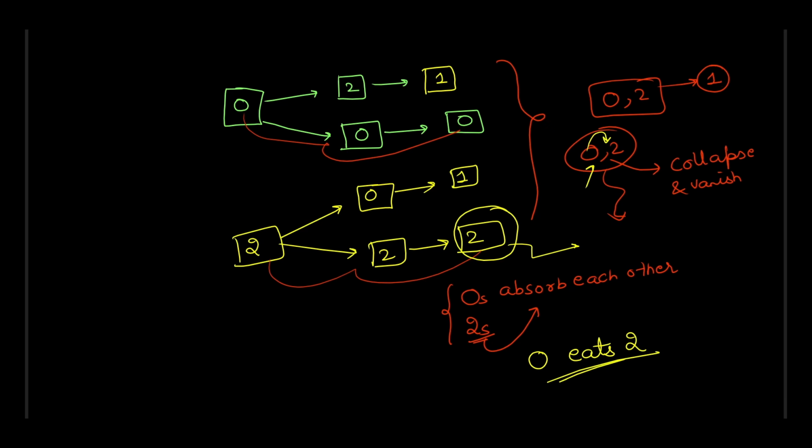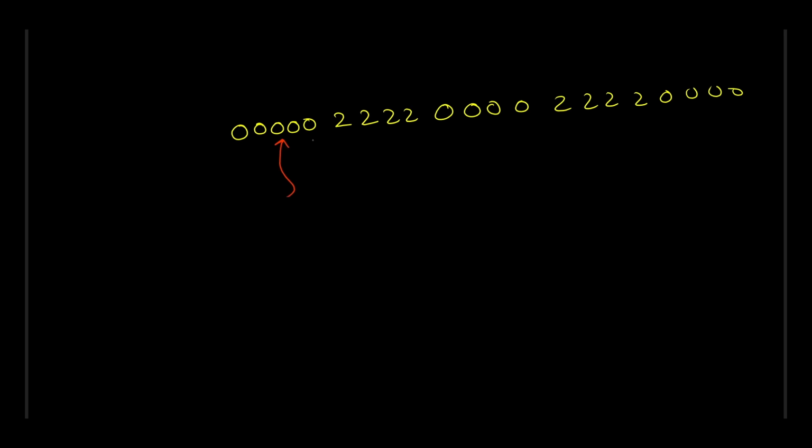So with all of this in mind, we know that the array can only contain a run of zeros followed by a run of twos, followed by a run of zeros, followed by a run of twos, followed by a run of zeros, and so on. If you wanted, you can compress each run down to a single element. Why? Because zeros can absorb each other, and twos can also absorb each other.